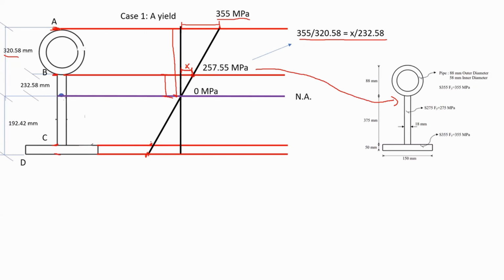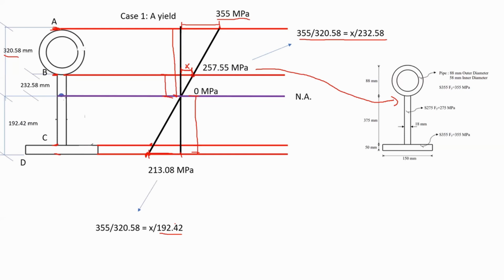I can check for point C, but I'm not doing that. I will check for point D. So if we check for point D, the same logic, the similar triangles. I'm using this big triangle, 355 divided by its base, and I can from here find this height. Now, of course, you have the base for this triangle, 192.42.